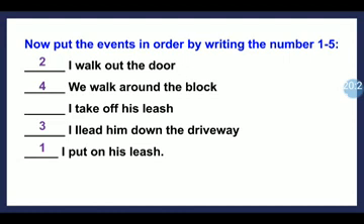And the last sentence is I take off his leash. If you got all 5 correct, very good. If you got 4 correct, good. If you got 3 correct, not bad. Okay? Let's continue.